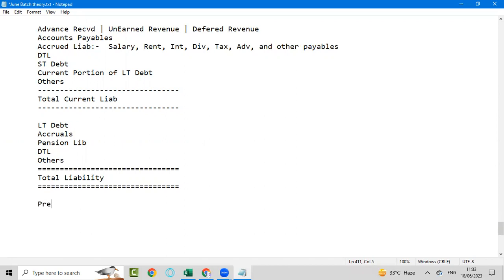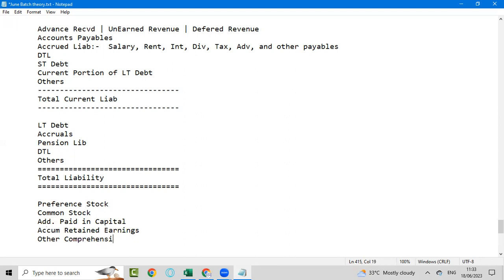In equity section, we will have preference stock, common stock, additional paid in capital, retained earnings, accumulated retained earnings, then we have treasury stock.